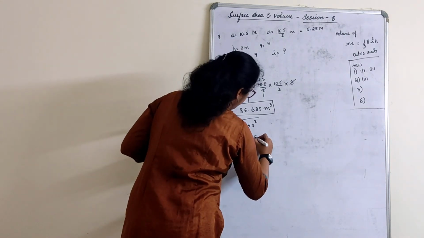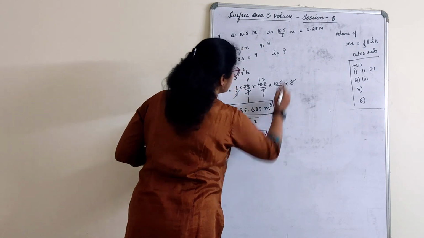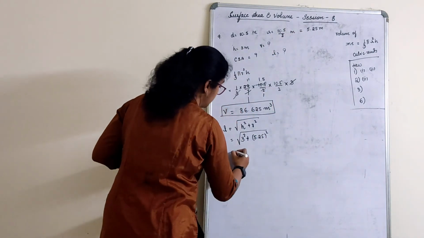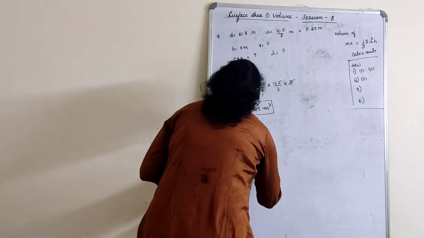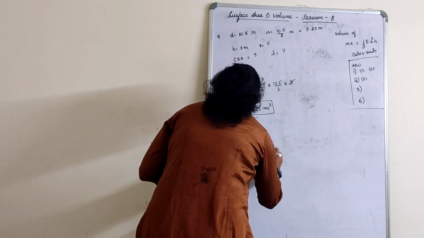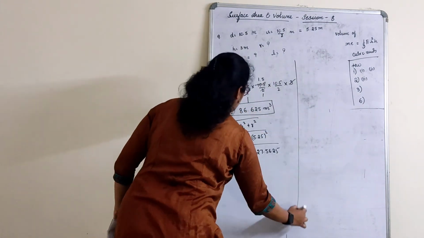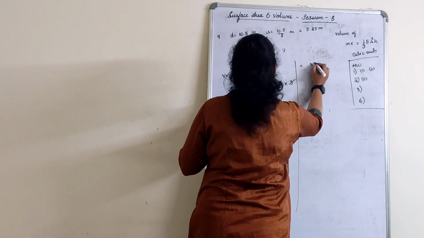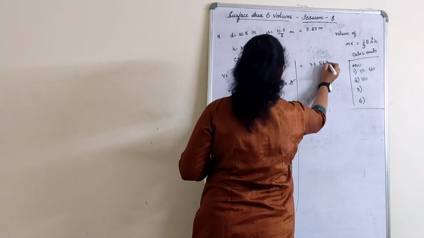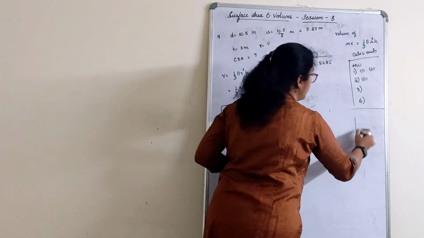So that is 5.25 whole square. 10.5 divided by 2 answer. 3 square is 9. 5.25 square answer is 27.5625. We'll do it here, children. Add them both. So you get 36.5625 square root of.